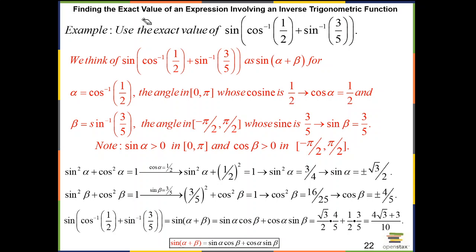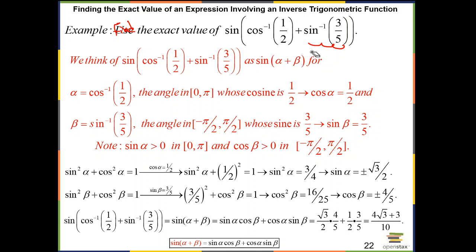All right. So finding the exact value of an expression, use the exact value, find the exact value of this. Now, what is the exact value of this? Well, we're going to think of this as an angle and think of this as an angle. Remember, sine inverse and cosine inverse, the answer to these is an angle, right? So we assume that this is an angle alpha and this is an angle beta.